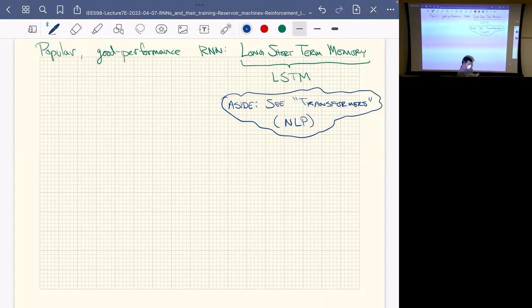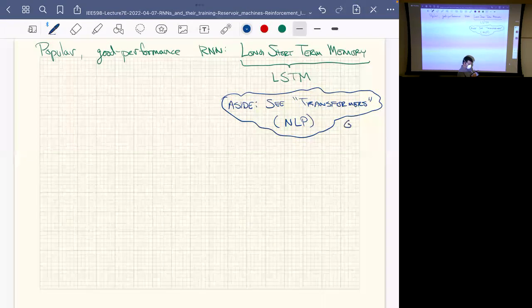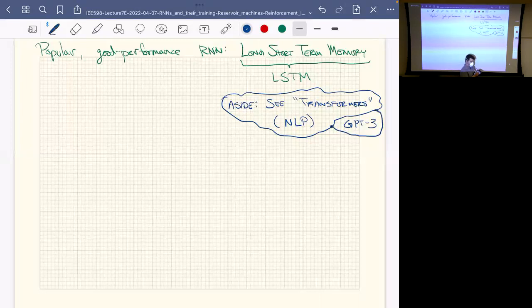If you might have heard of things like GPT-3, for example, that's one that's very popular. And there's a bunch of others now. I'll give kind of a text search example, but it's going to become more and more dated because gradually everybody doing these sorts of things is switching over to using transformers.